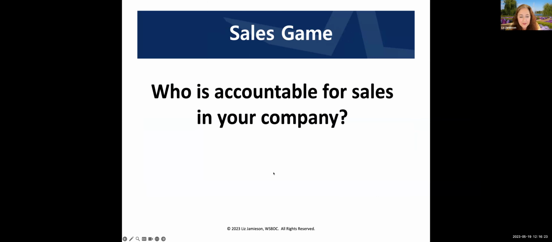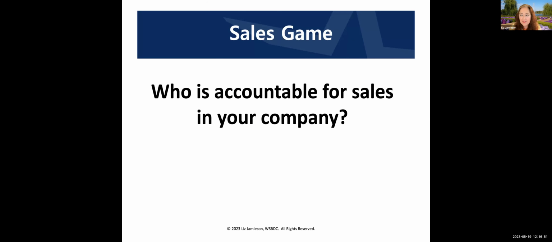And by the way, here's the bottom line. Who is accountable for sales in your company? I would assert that if you are the owner, it's you. You are accountable for making sales happen, right? You can delegate that, but ultimately the buck stops with you, right? If you're the owner, if you don't have sales, your business can't continue.